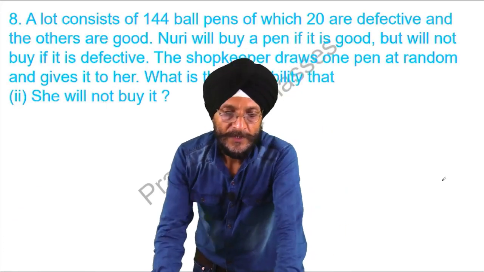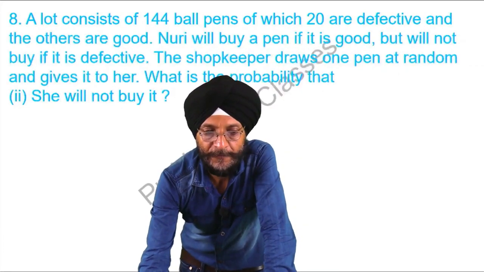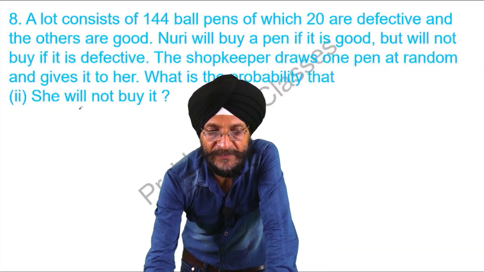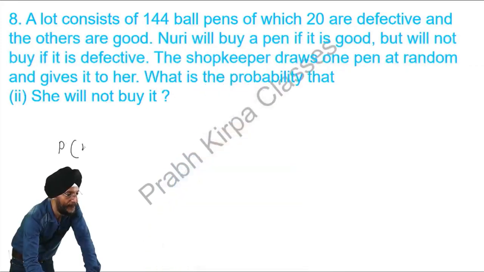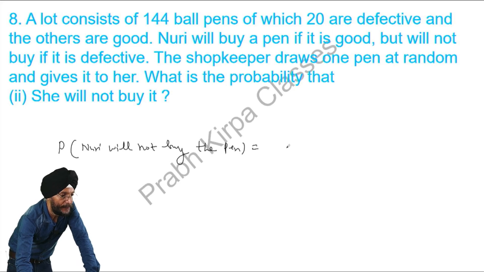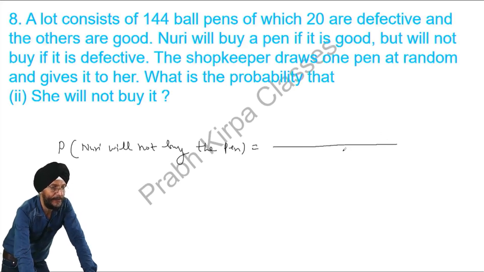So now, what is the probability that she will not buy it? Here we are to find the probability that Noori will not buy the pen. So here, what is the number of favorable outcomes?